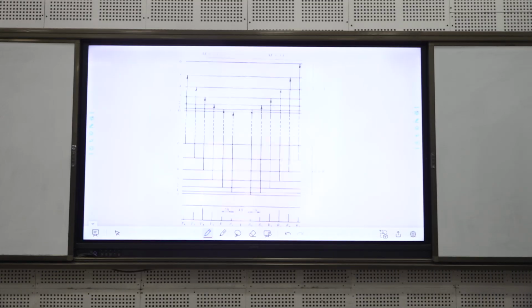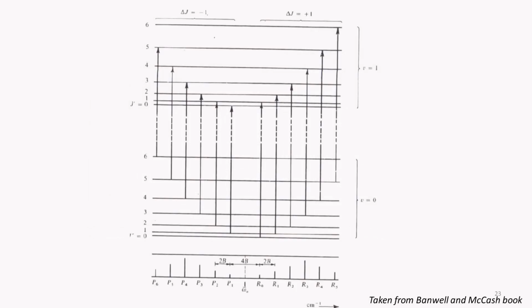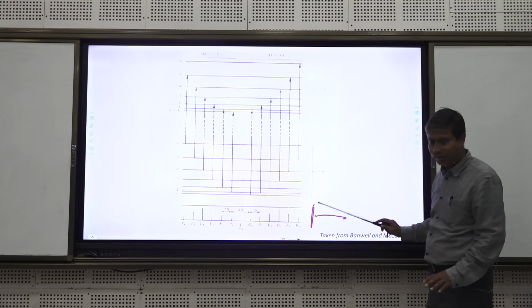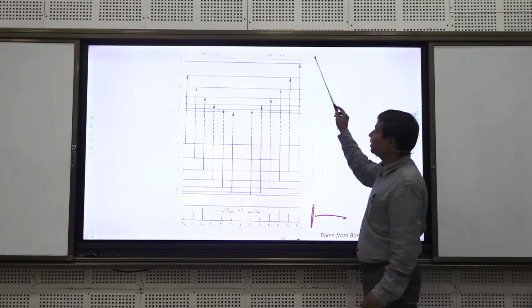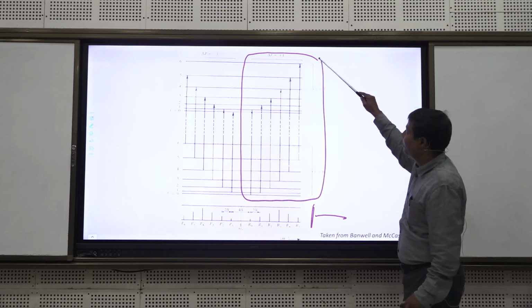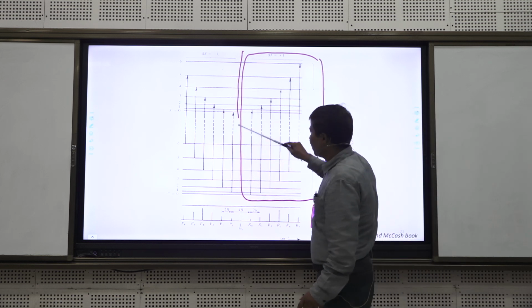It looks a bit complex, but it is not that complex. If you see it part by part, this one is the spectrum that appears. Just ignore the spectrum as of now. There are two parts in this. This is one part, and this is another part.